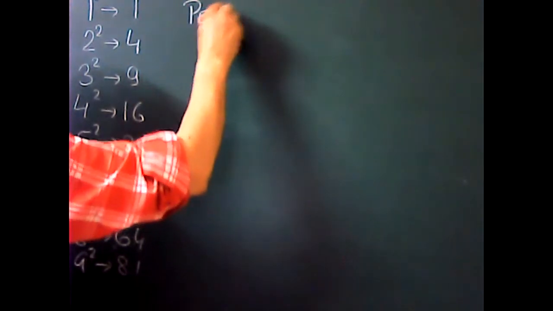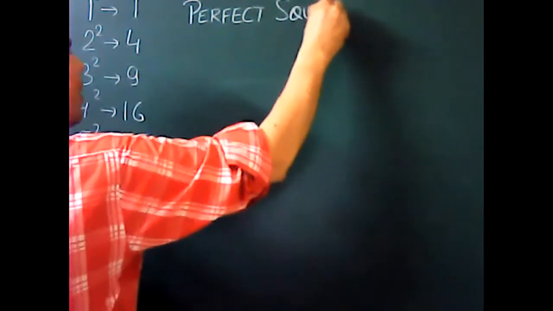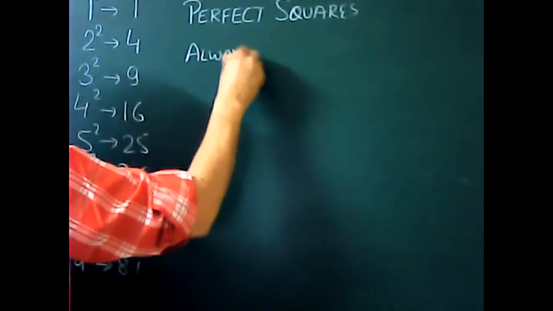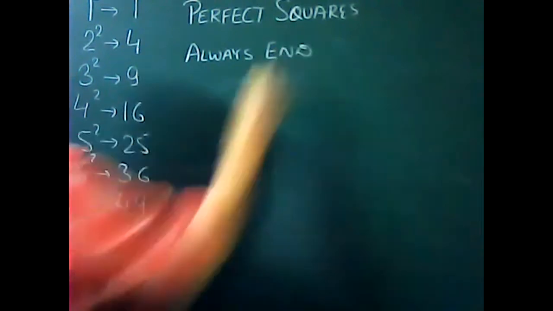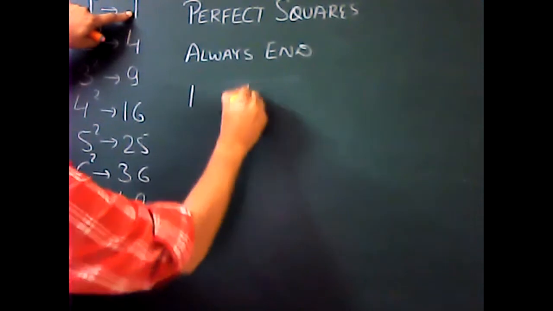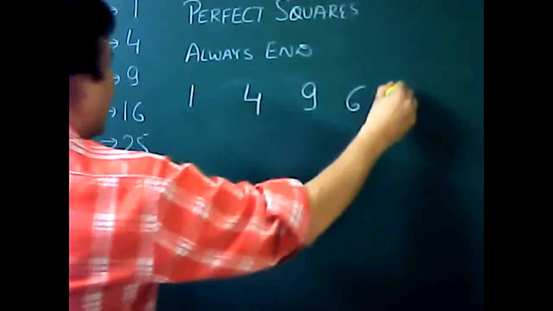Okay, now just by observation, we find that perfect squares always end in 1, 4, 9, 6 and 5.